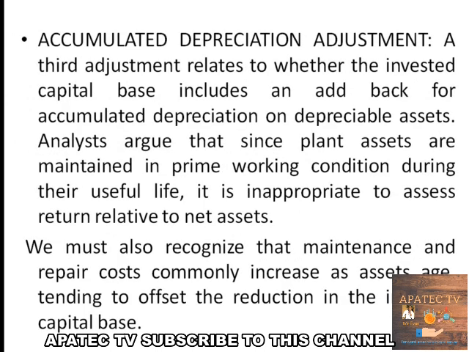For the accumulated depreciation adjustment, it concerns whether the invested capital base includes an add back for accumulated depreciation on depreciable assets. Analysts agree that these plant assets are maintained in primary working condition during their useful life.